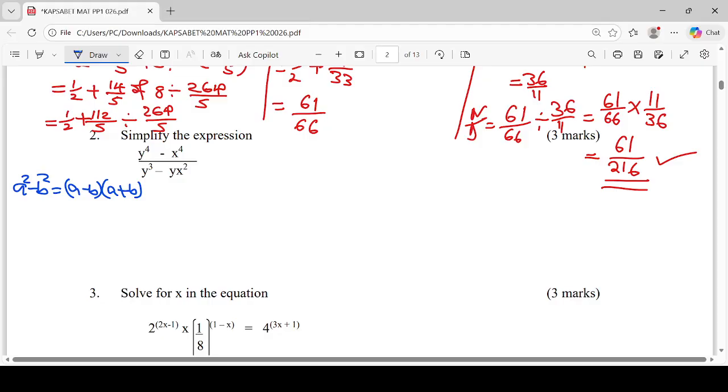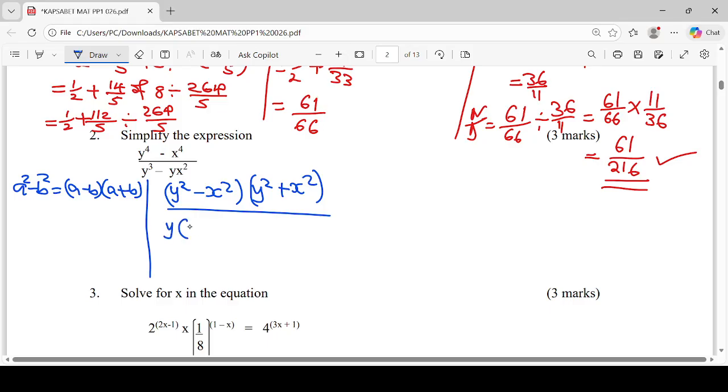So our numerator, when you work it out now, because it's a difference of 2 squares, y power 4 minus x power 4 can be written as y squared minus x squared, then y squared plus x squared, all over the denominator we are having y cubed minus yx squared. Here the common term is y. You can factor out the common factor y.